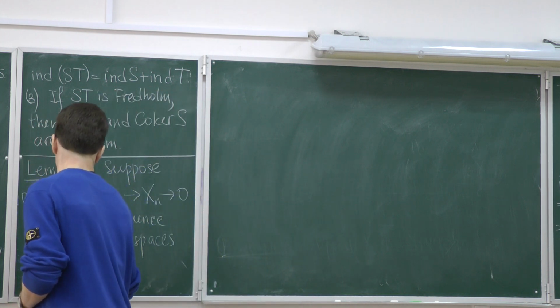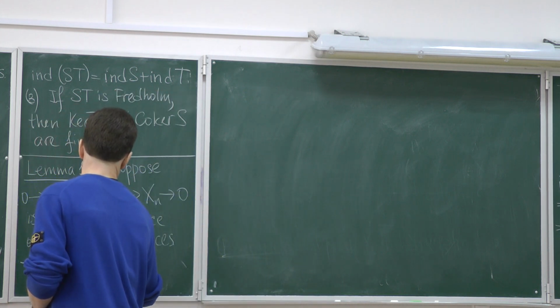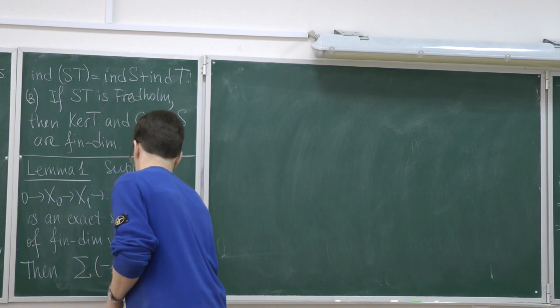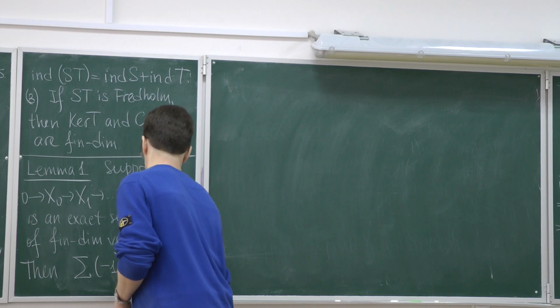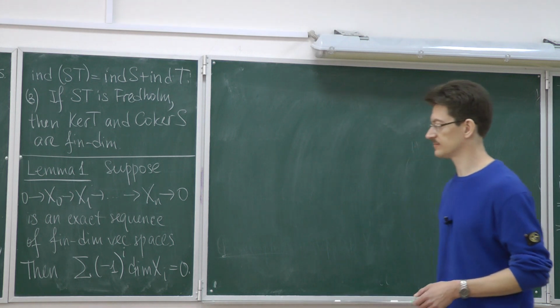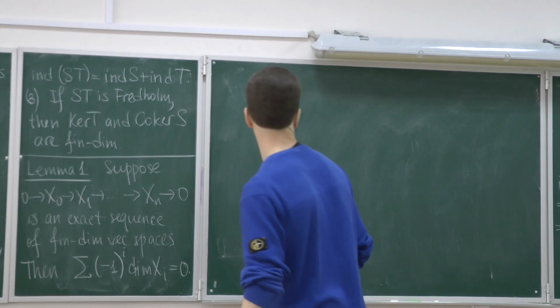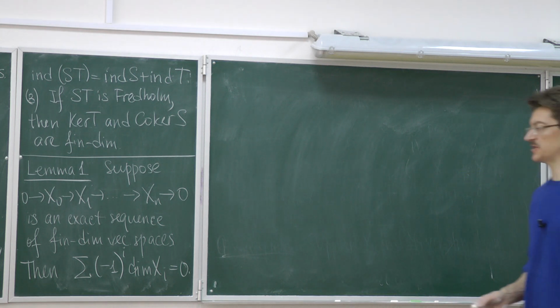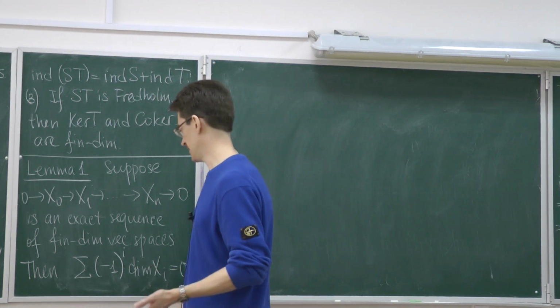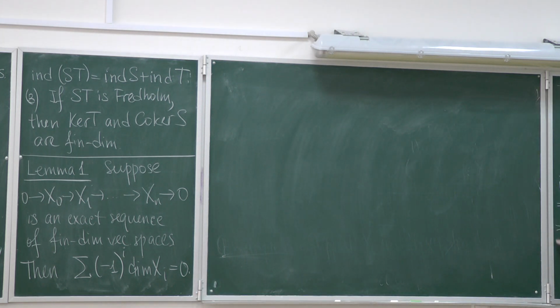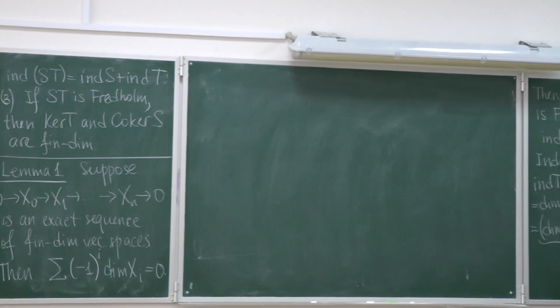Then the following alternating sum of their dimensions is 0. The proof is an elementary exercise in linear algebra. Actually, this is more or less equivalent to this formula. This follows from this formula by induction.